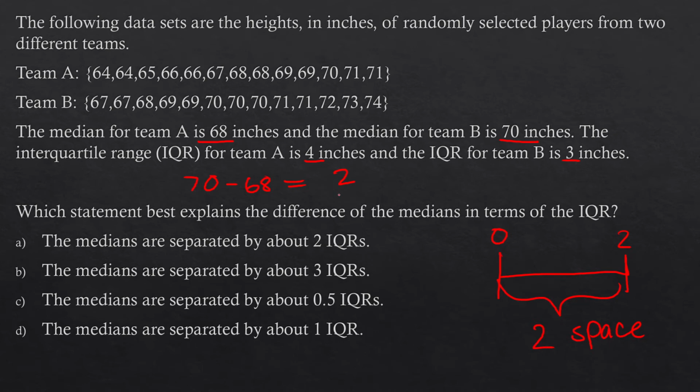With the IQR being 4 and 3, let's go halfway in the middle, 3.5. 2 divided by 3.5, if we were to divide it, we're obviously going to get a decimal, but it's the closest to 0.5. Okay, pretend this 3.5 here is just a 4. 2 divided by 4 simplifies to 1/2, which is also the same as 0.5. So that is why these medians are separated by about 0.5 interquartile ranges.